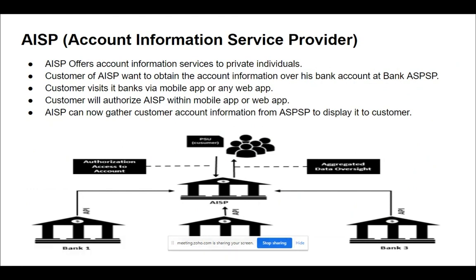You don't have to log in to each and every bank. You can see all your data in a single web application or mobile application. You have to make sure you have created a consent with each and every bank. That's one thing. And the AISP or TPP has to be registered with all three banks.